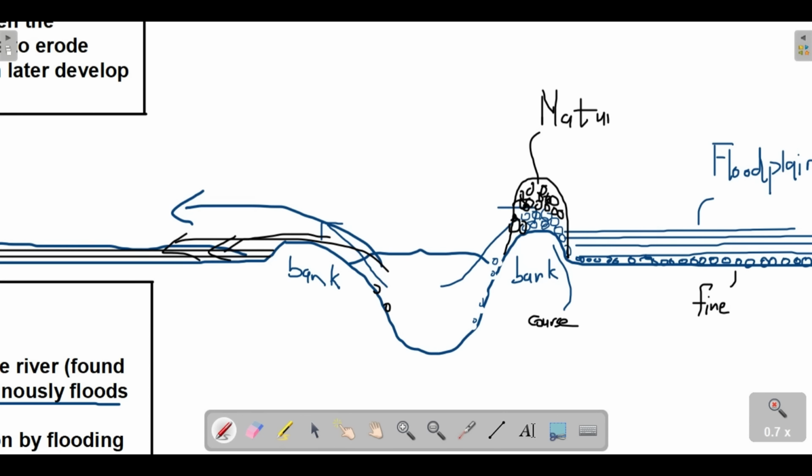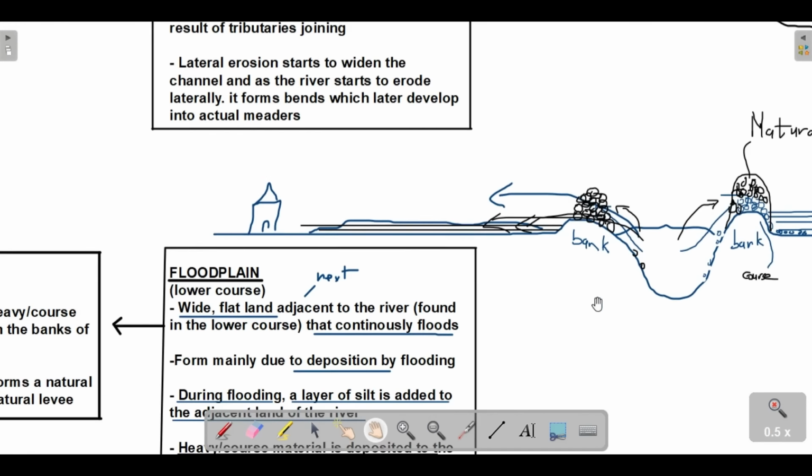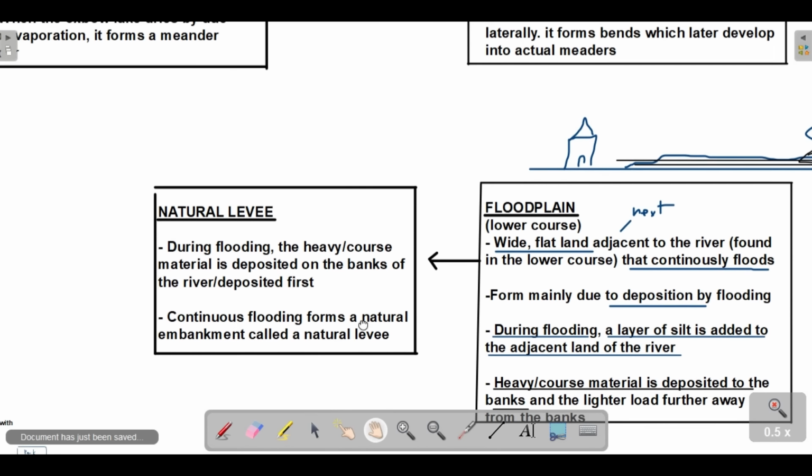That is another type of landform very much related to how the floodplain occurs. These are natural raised banks, and they are quite important because when it floods, the floodplain is protected by the raised bank. The raised bank prevents water from moving through to the floodplain where people might settle. So that is the natural levee.